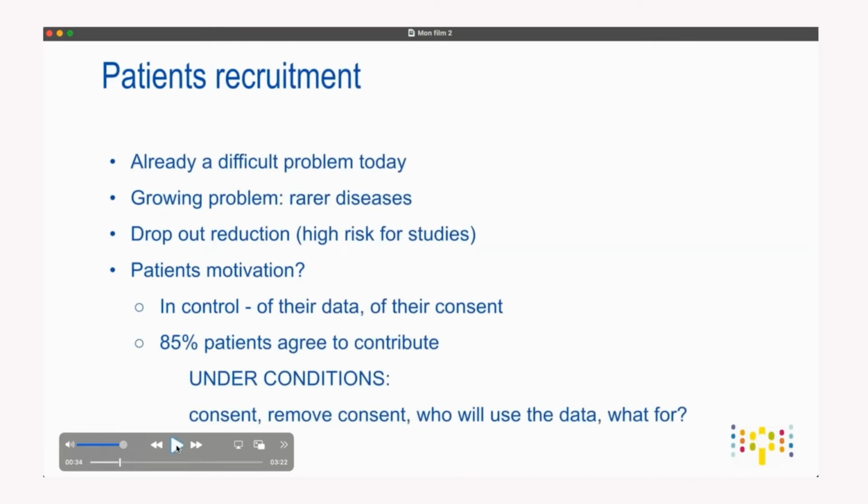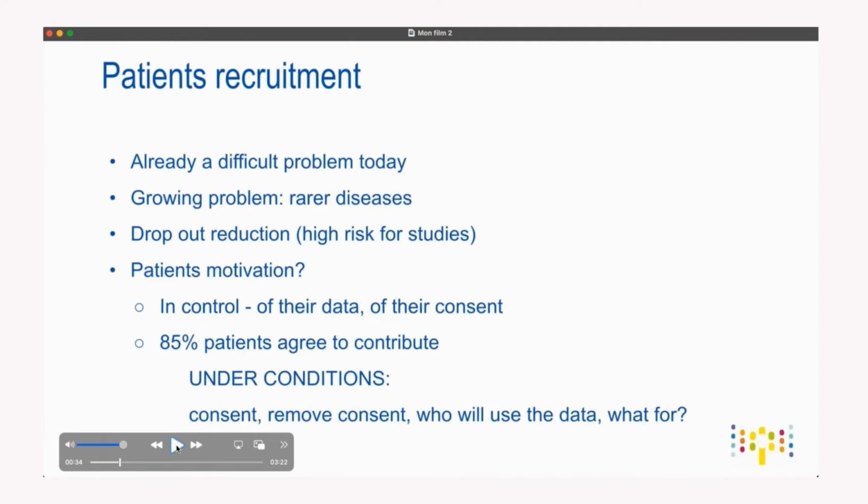Patient recruitment. A few words before showing the screens of the mobile application. For those who don't know, it's already a very difficult problem today to find the right patients that have the characteristics that are necessary to run the trial. It's also a growing problem because now, fortunately, modern medicine is addressing a large number of the sicknesses and diseases that could affect a large number of patients.